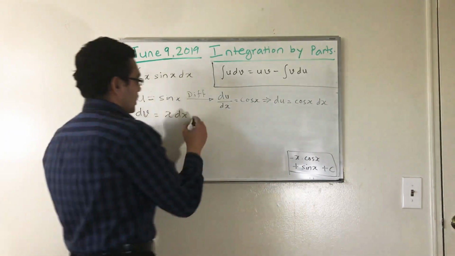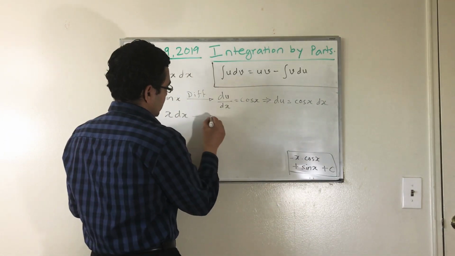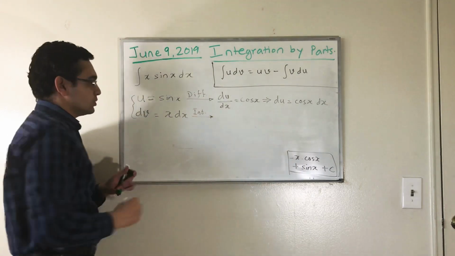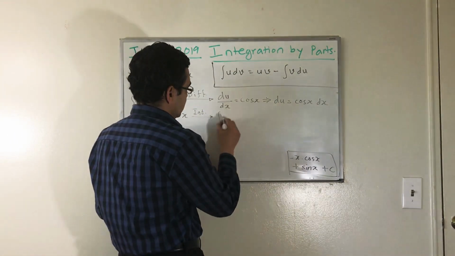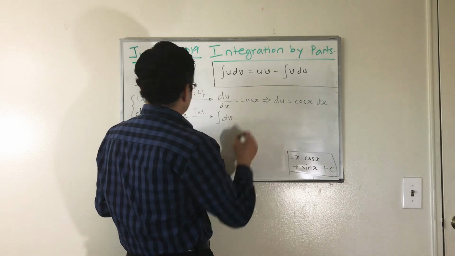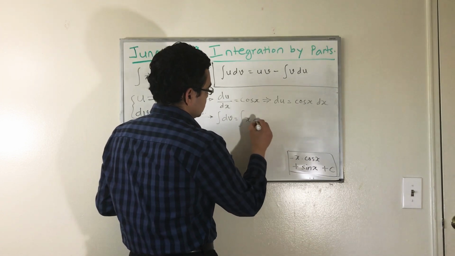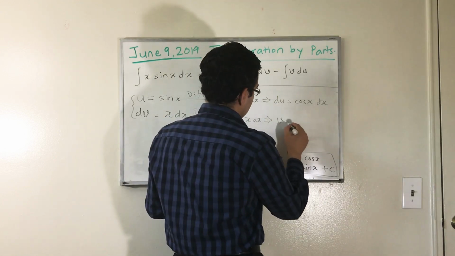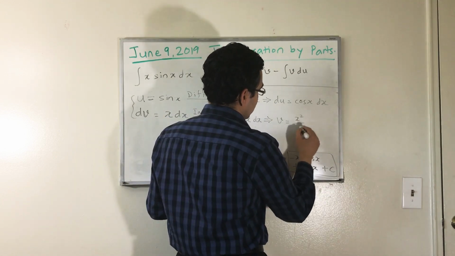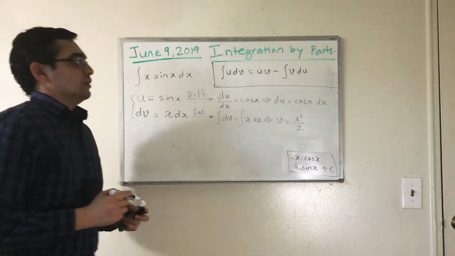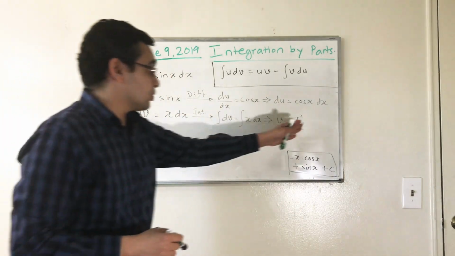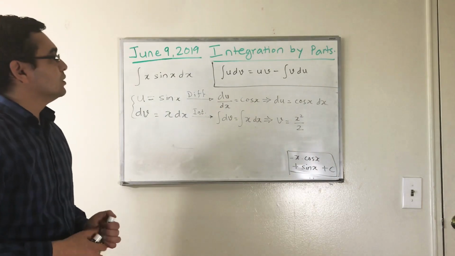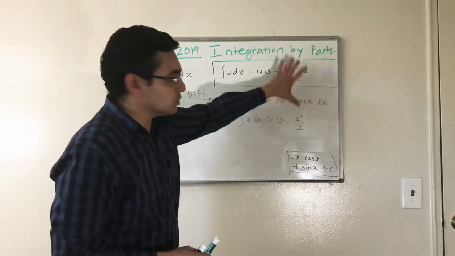And to find v, I need to integrate the second equation. So integral dv equals integral x dx, which gives me v equal to x squared over 2. And as I said, we are not going to add a constant of integration at this step. So now we have all the pieces of information.